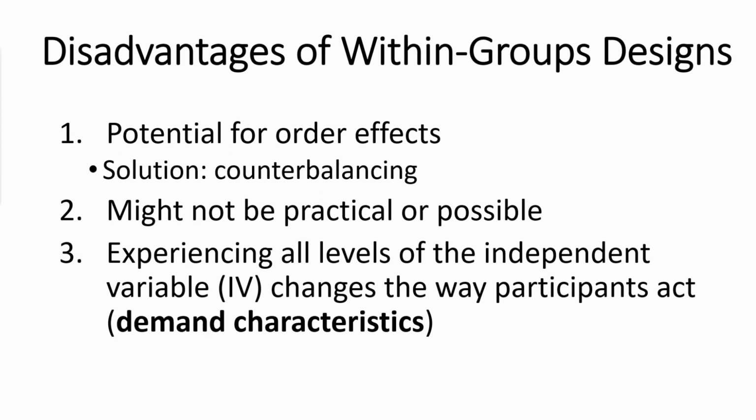Basically what we're saying is that if your participant sees every different level of your independent variable, they might pick up on some cues that lead them to guess what the experiment is testing. And people will adjust their behavior to be in line with what they think you're looking to find.